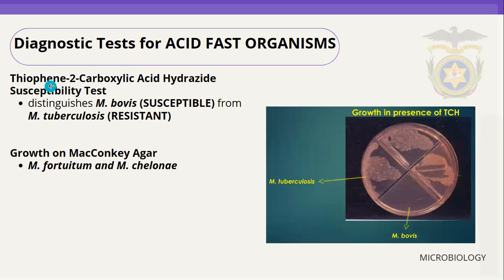Next, we have our thiophene-2-carboxylic acid hydrazide susceptibility test, or the T2H susceptibility test, and this test distinguishes Mycobacterium bovis, which is susceptible to T2H, from Mycobacterium tuberculosis, which is resistant to T2H, and also the growth on MacConkey agar. And I want you to take note that Mycobacterium fortuitum and Mycobacterium chelonae can grow on MacConkey agar.